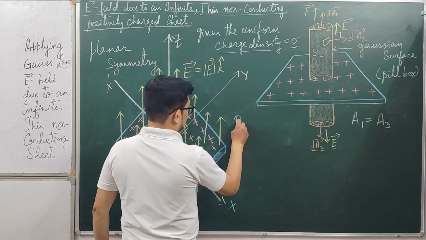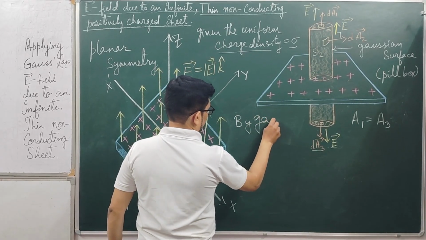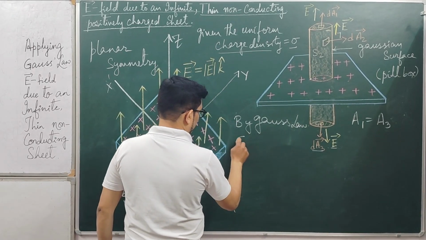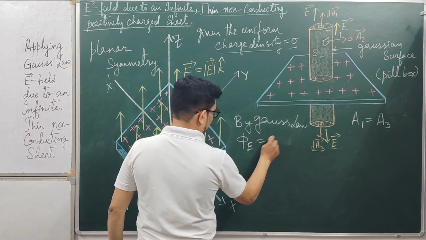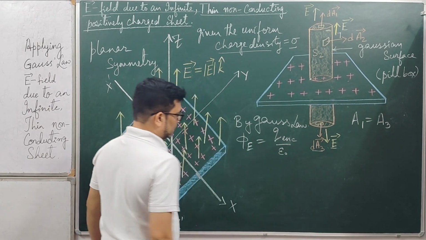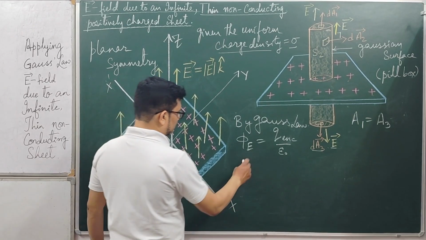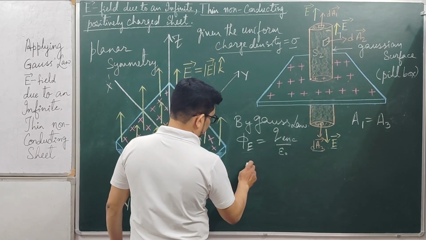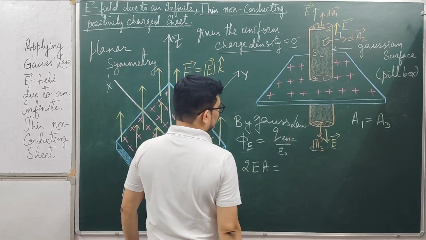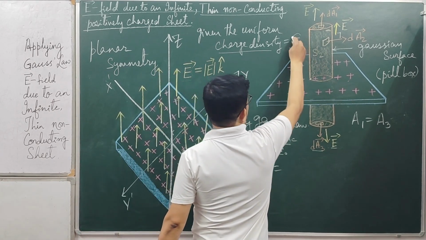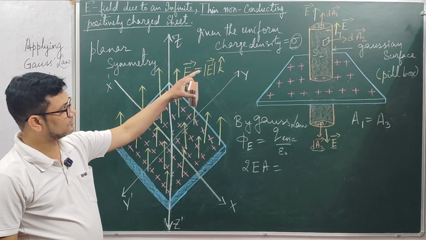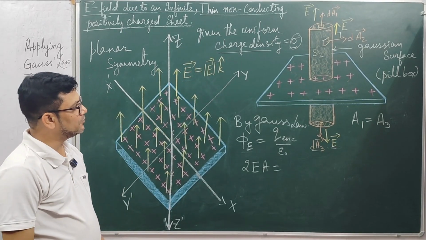So by Gauss law, the net electric flux should be equal to the charge enclosed divided by the permittivity of free space, epsilon naught. We have already found the net electric flux, which is twice of EA, and for the charge enclosed, we have sigma given. Sigma is total charge per unit area.